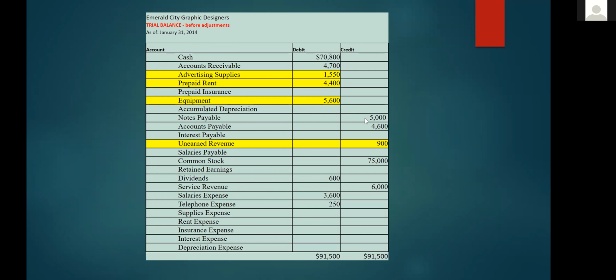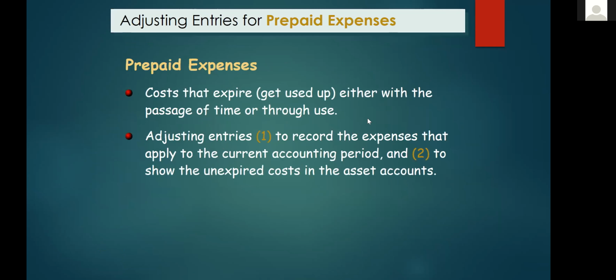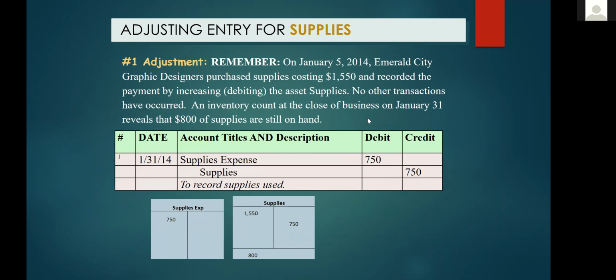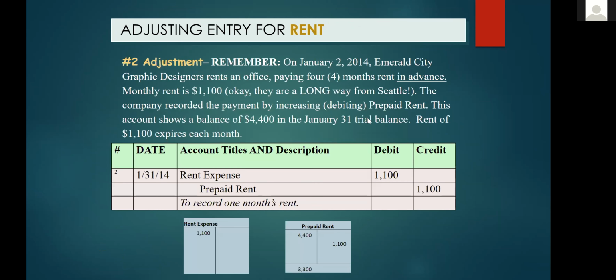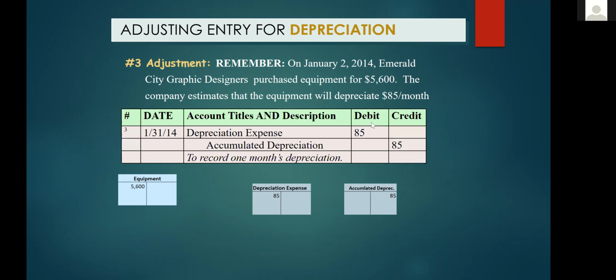There's nothing there yet. But from now on, every month it will grow. That's why it's called accumulated depreciation. Right now it's $85. Next month it'll be 85 plus another 85, and it'll just keep growing for the 5 years or 10 years, however long the equipment is going to last.